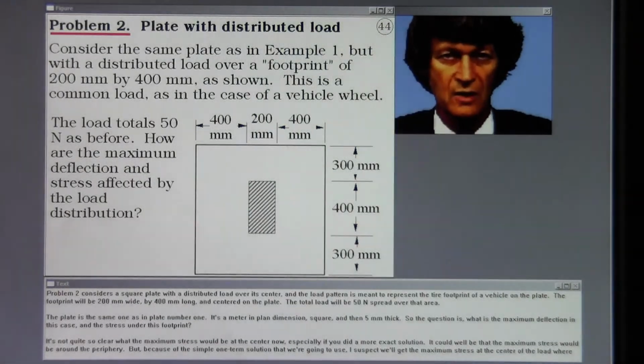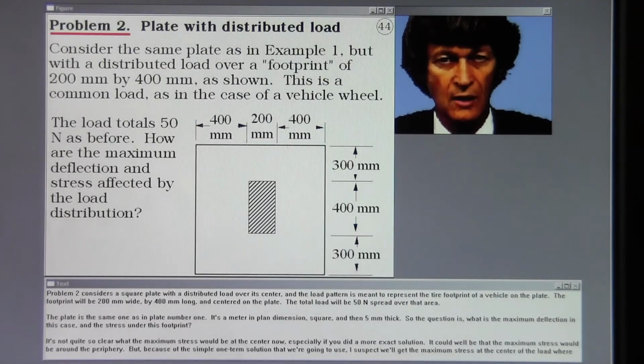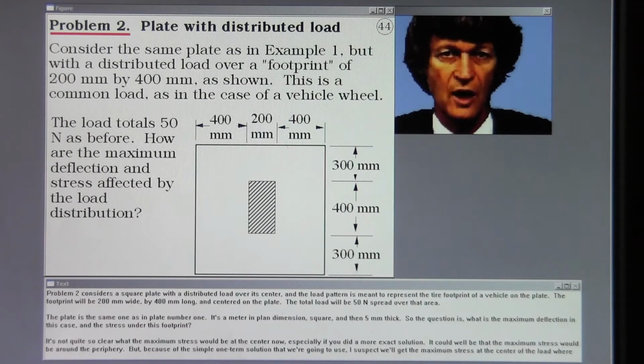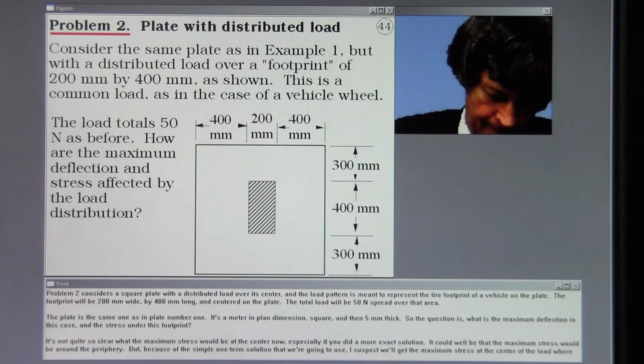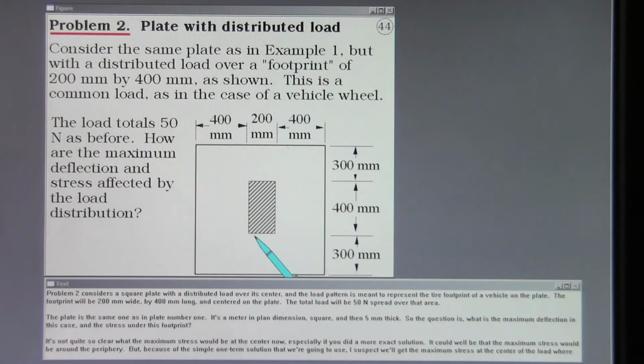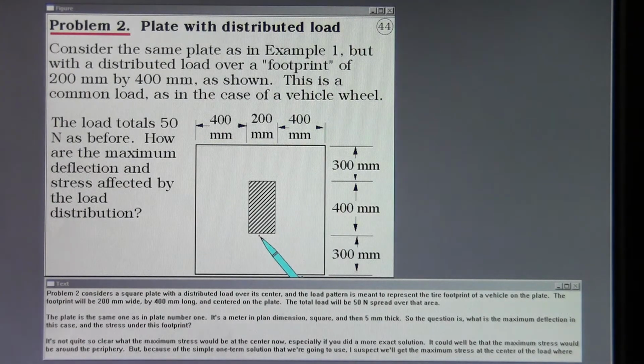Problem 2 considers a square plate with a distributed load over its center. And the load pattern is meant to represent the tire footprint of a vehicle on the plate. The footprint will be 200 millimeters wide by 400 millimeters long and centered on the plate.